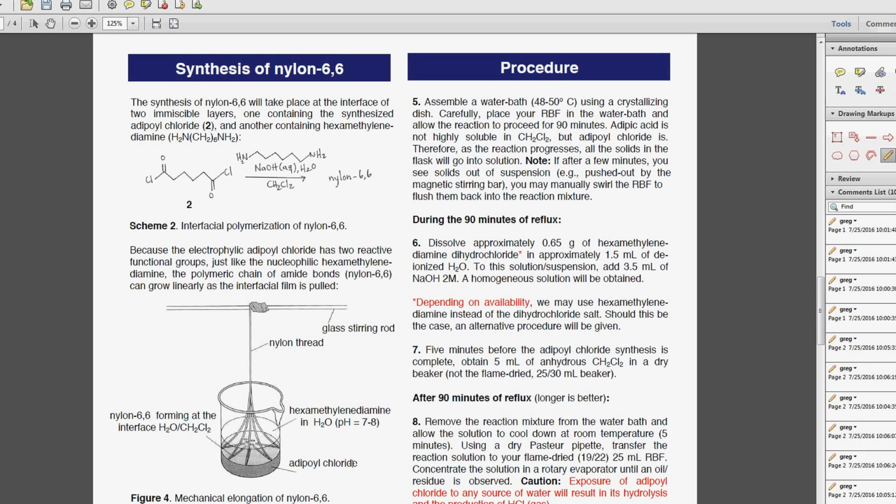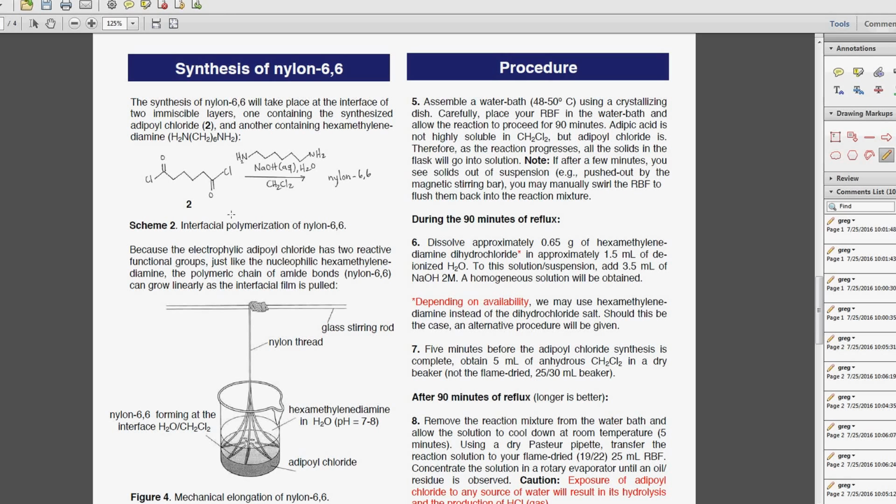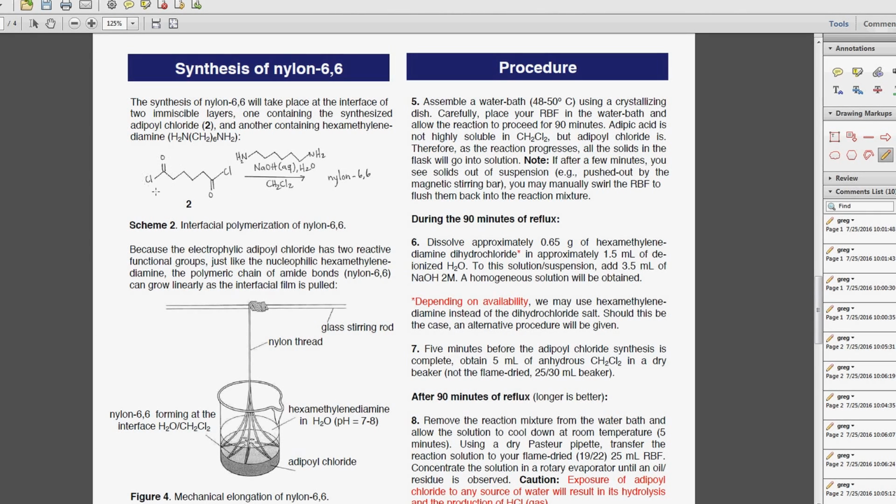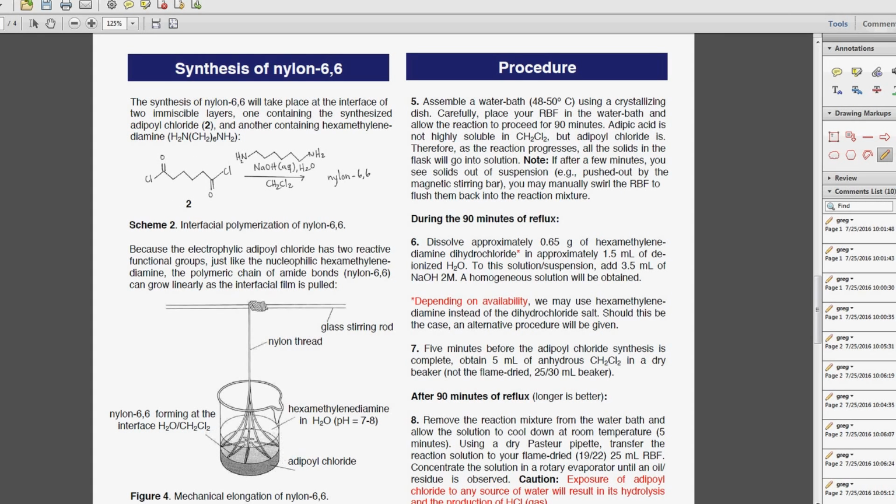Once we generate this diacid chloride from thionyl chloride and DMF, we are then going to make two phases of this reaction, and this is shown here. In one phase, we are going to take our synthesized diacid chloride and put it in dichloromethane.